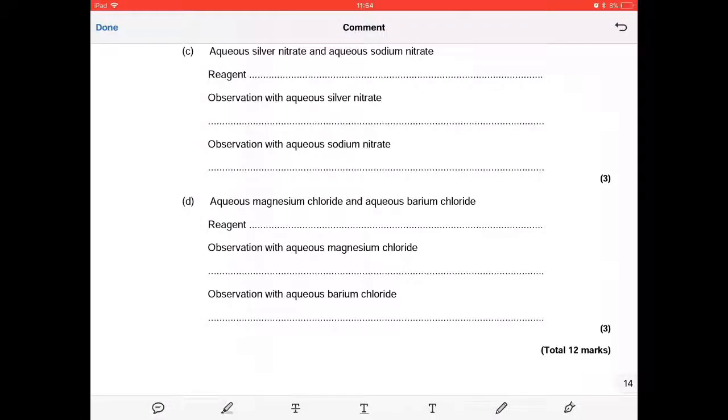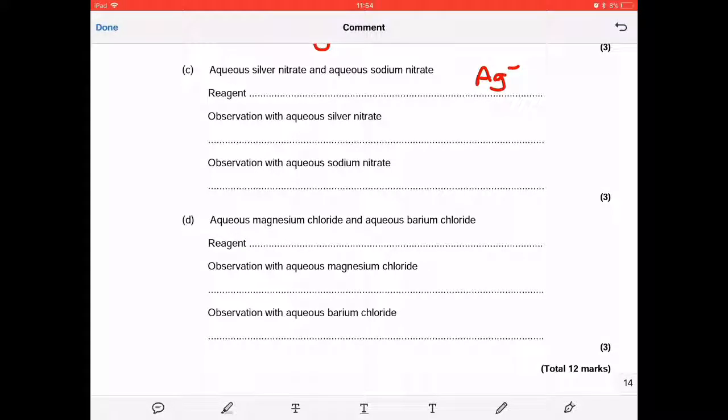For aqueous silver nitrate and aqueous sodium nitrate, the difference between the two is the positive ion present. So you've got Ag plus and Na plus as your 2 different ions. Now, you can try and test for each one, but the easiest thing to do here is trying to test for the silver ion.